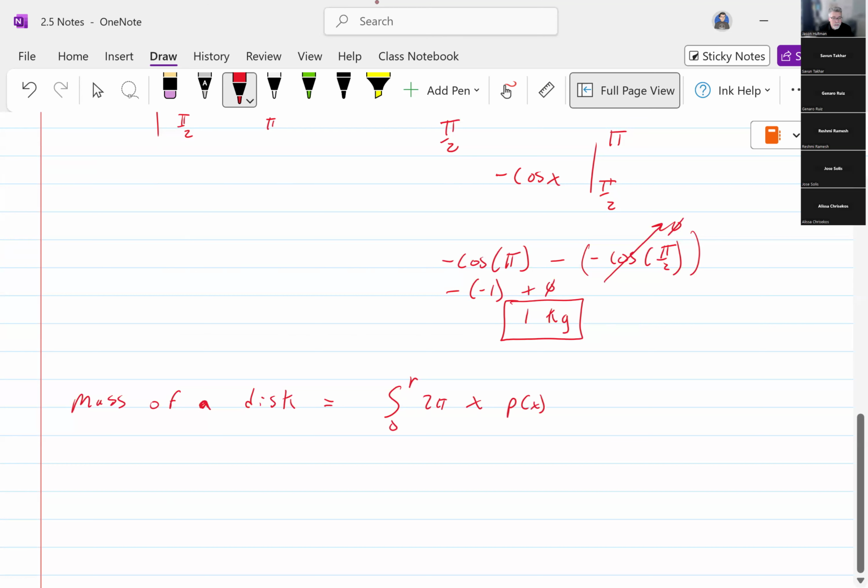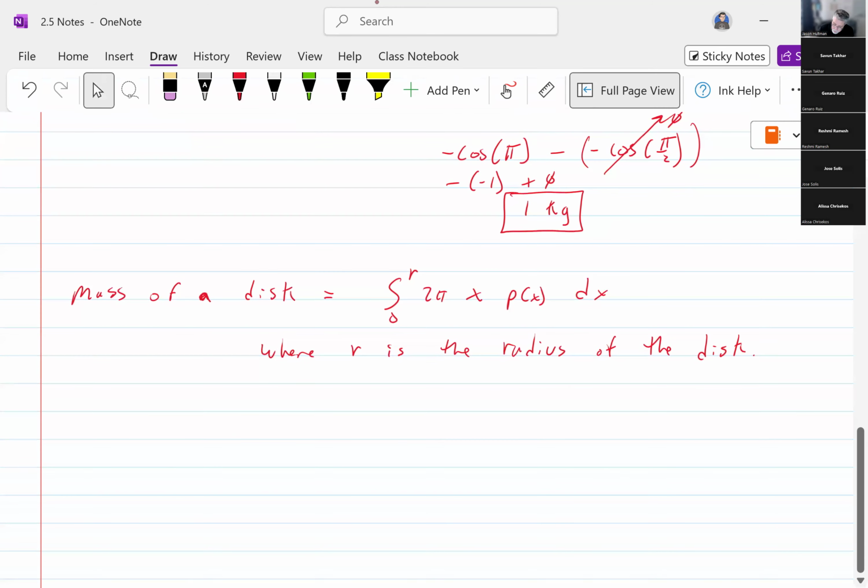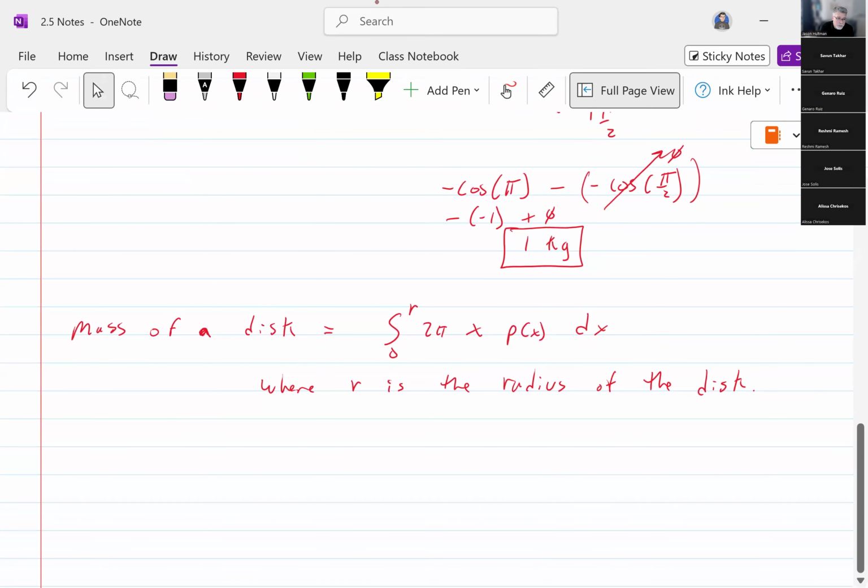So we have a way to figure out the mass of rods and disks where the density varies.